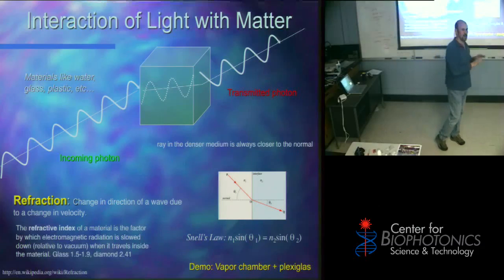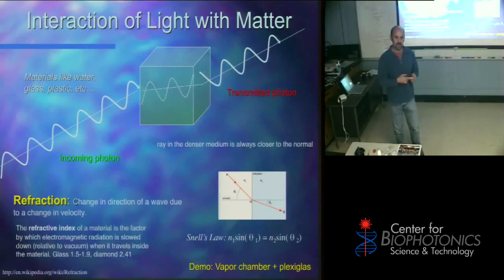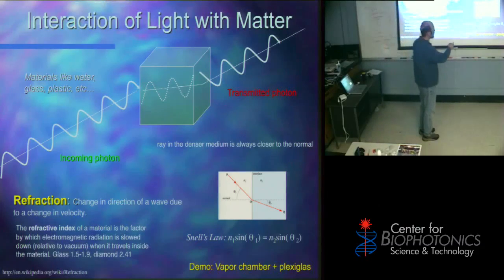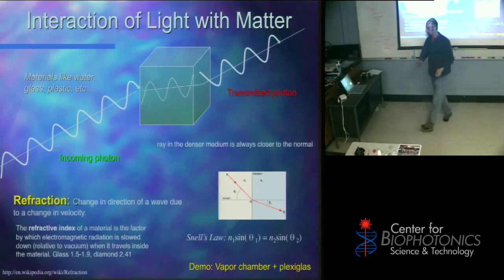They slow down. That slowing down causes the light to bend. Okay? Not if you're going straight through something, but if you're coming into something at an angle, the light will bend. So, for example, if I come in here, this is air, and this is glass. If I'm shining my laser like this, I get into that material, and it bends towards the normal, towards the line that goes right through the material. Okay? It comes in, it bends towards it. Let me show you a little demo.